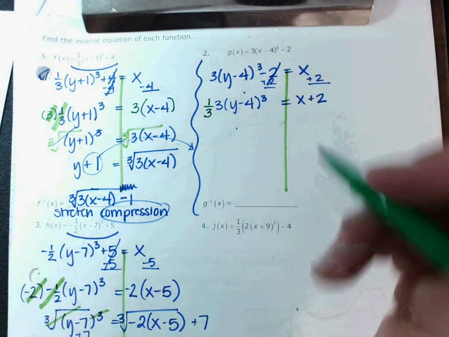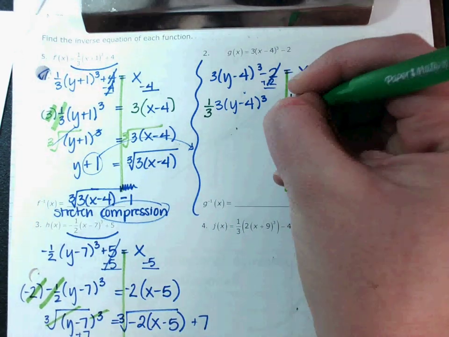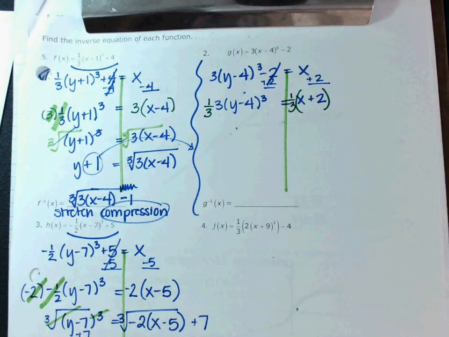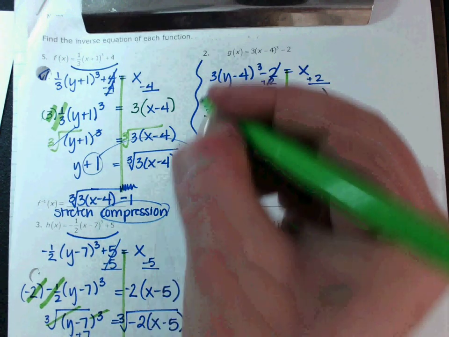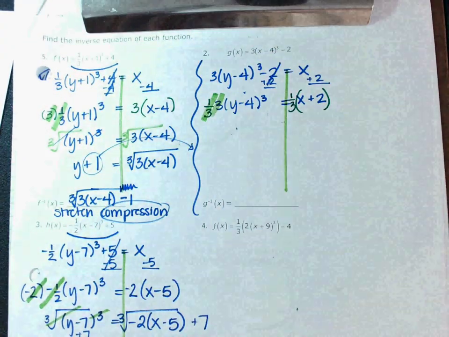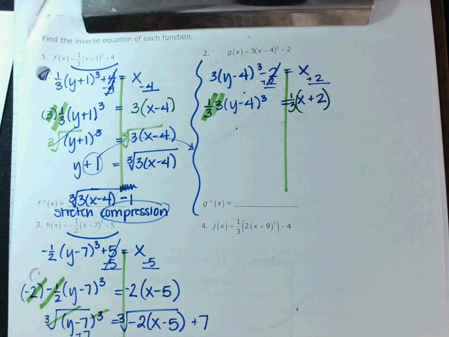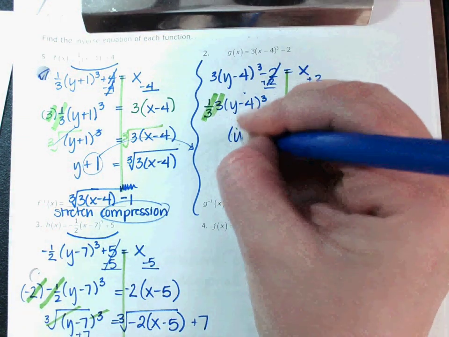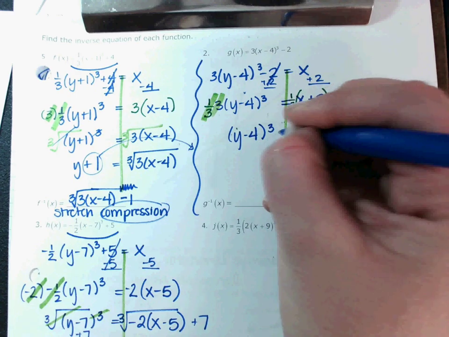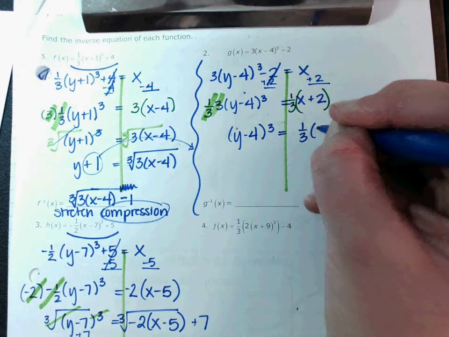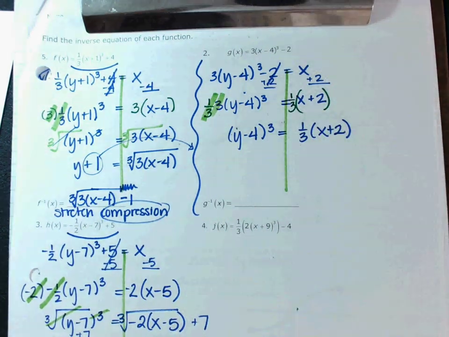And then on this side, you're going to put a 1/3, but you're going to put parentheses because remember, you don't want to distribute. My 1/3 and my 3 cross out with each other. I have a y minus 4 cubed left over. 1/3 stays on the outside. And then I'm going to cubic root.